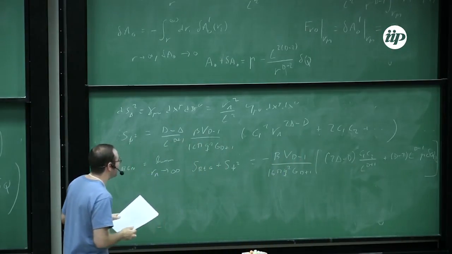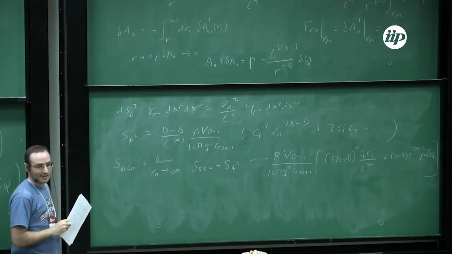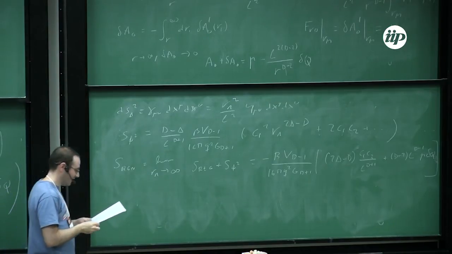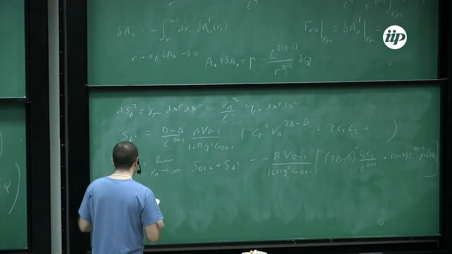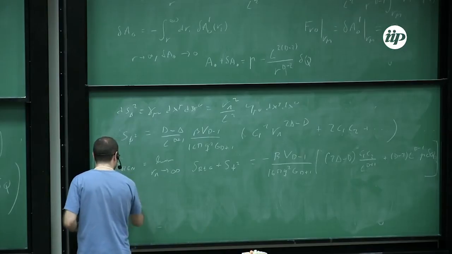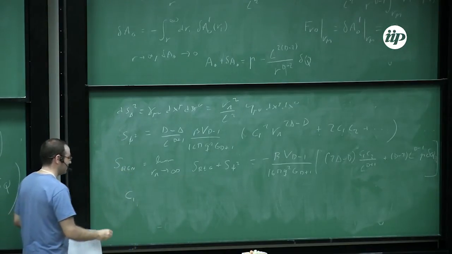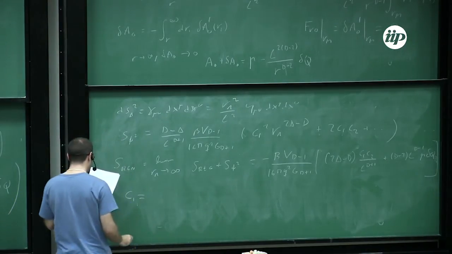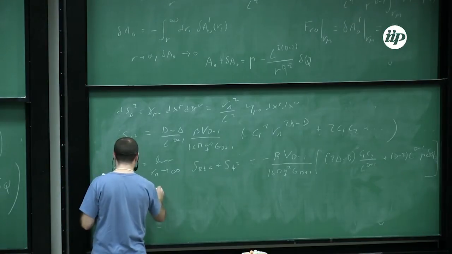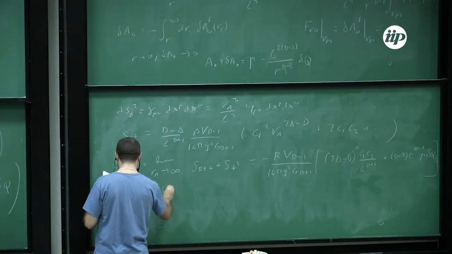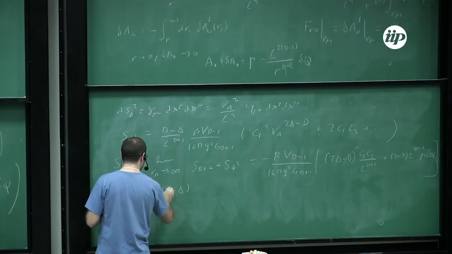Okay, so from this on-shell action, we can first extract the expectation value of the scalar operator. We identify this coefficient of the non-normalizable mode with the source for the dual operator, and we need to introduce some factors of the radius to make dimensions work.